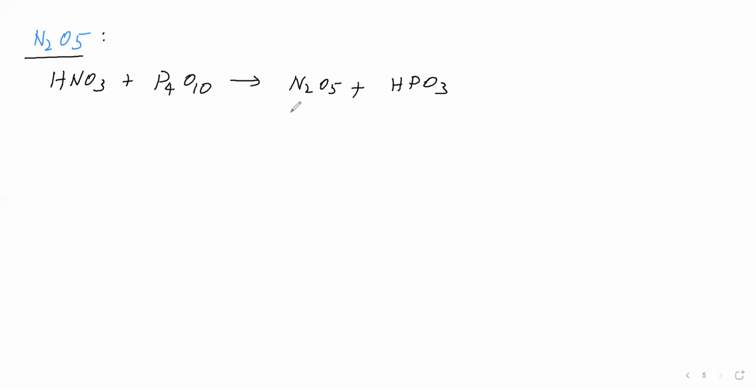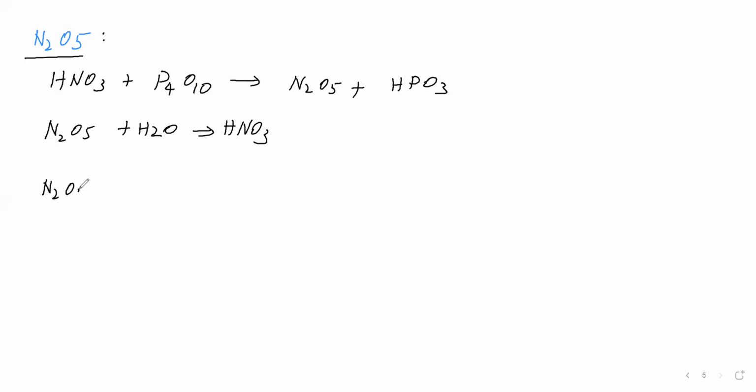This N2O5 with water gives HNO3, nitric acid. Therefore, it is the anhydride of HNO3. Since with water it gives an acid, we call it an acidic oxide.